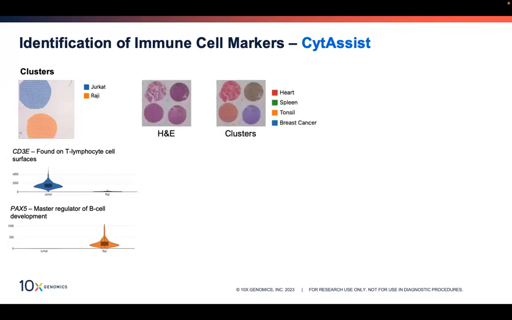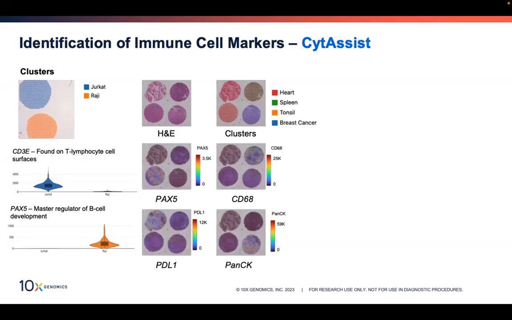Additionally, we looked at some utilizing our TMA process. We created a small TMA of different tissue types here: heart, spleen, tonsil, and breast cancer tissue. And through our panels, you can see we're able to identify specific expression of PAX5 in the tonsil, CD68 in the spleen, PDL1 in the heart, and PAN-CK in the breast cancer punch.